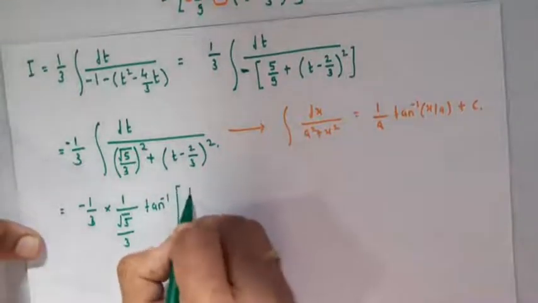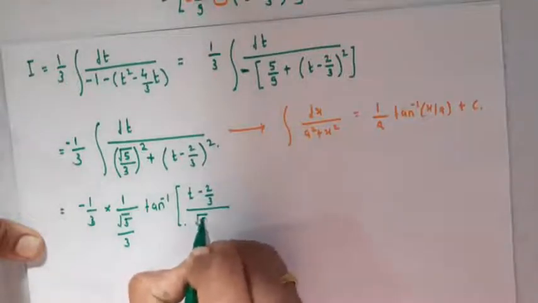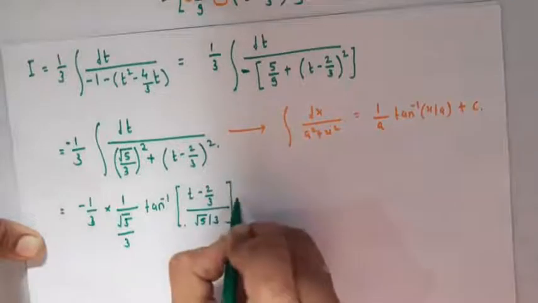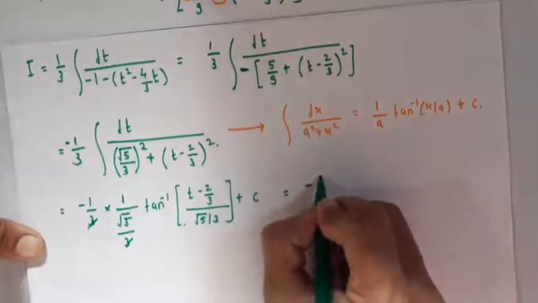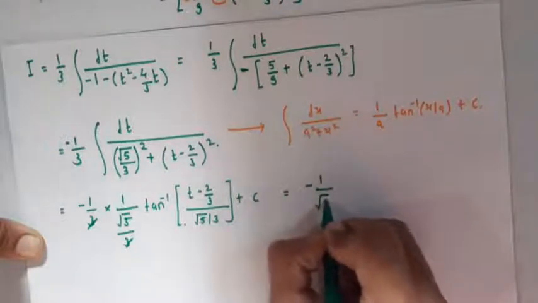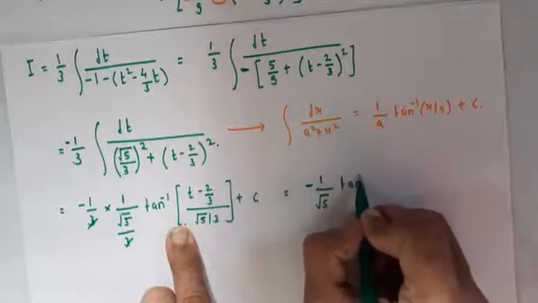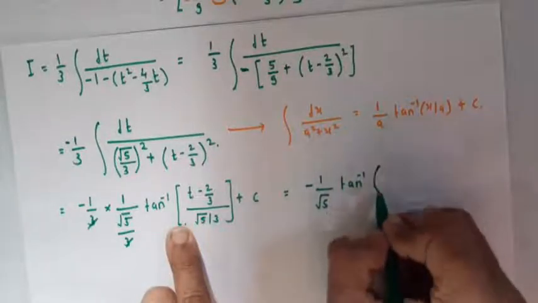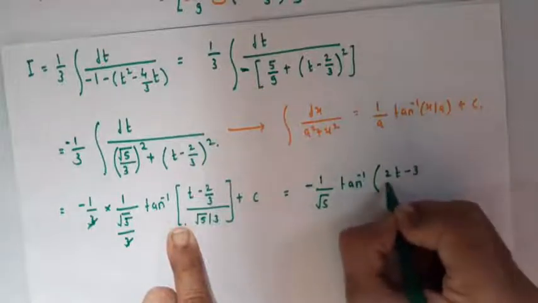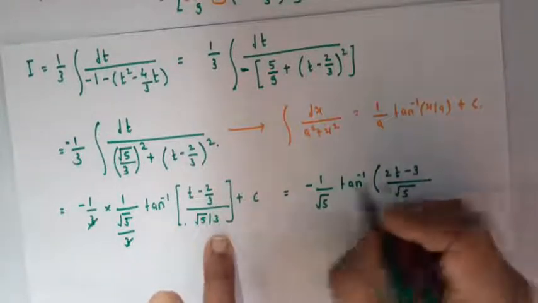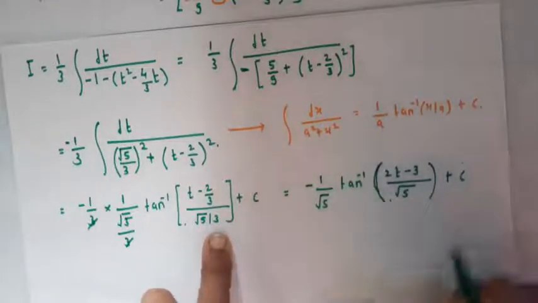X means here t minus 2 by 3 divided by root 5 by 3 plus constant of integration c. These 3 get cancelled and that is minus 1 upon root 5 tan inverse of, simplify the terms, t into 3, that is 2t minus 3 upon root 5, and divided by 3 get cancelled, plus constant of integration c.